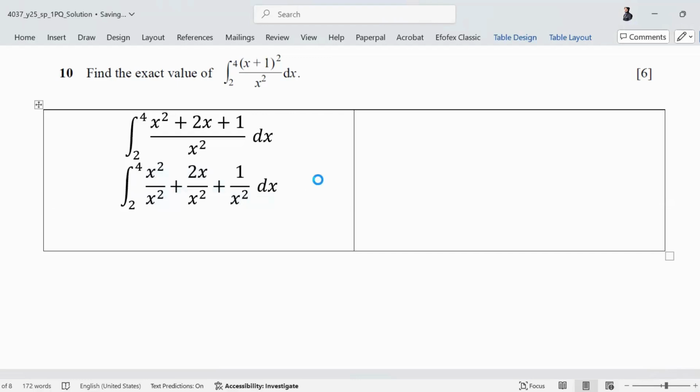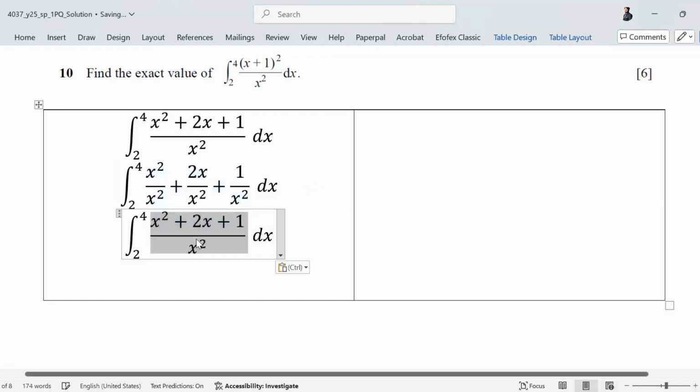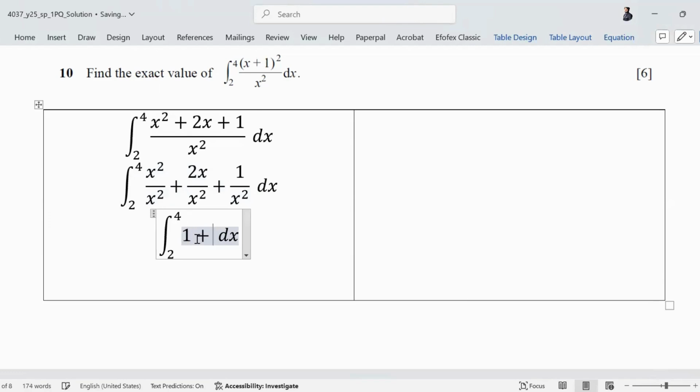Now let's simplify. What do we end up with? 1 plus 2 upon x plus 1 upon x squared. And now these three are being added up and we need to find their exact value and must integrate them.